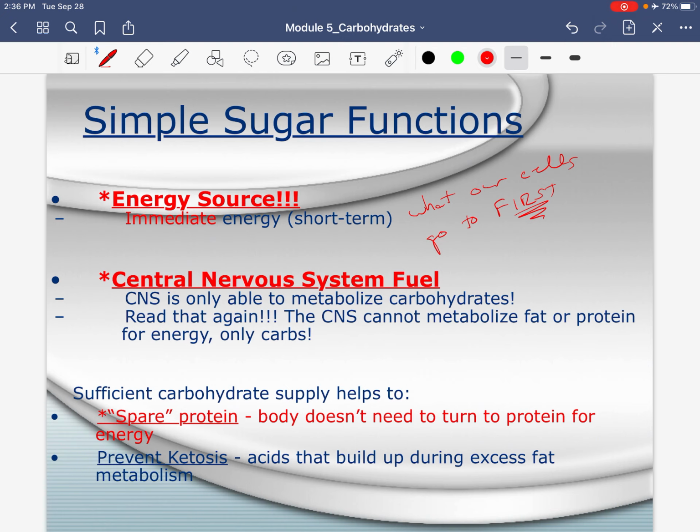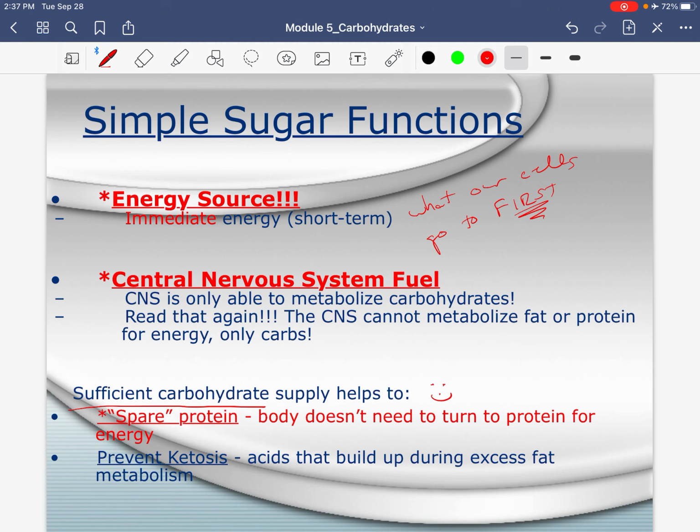All right. Something else that we're going to be talking about, when you have enough carbohydrates, it says here sufficient carbohydrate. When you're bringing in enough carbohydrates, that means you're able to quote unquote spare protein. So this is a good thing. When we bring in enough carbohydrates, I'm not talking about too much necessarily.